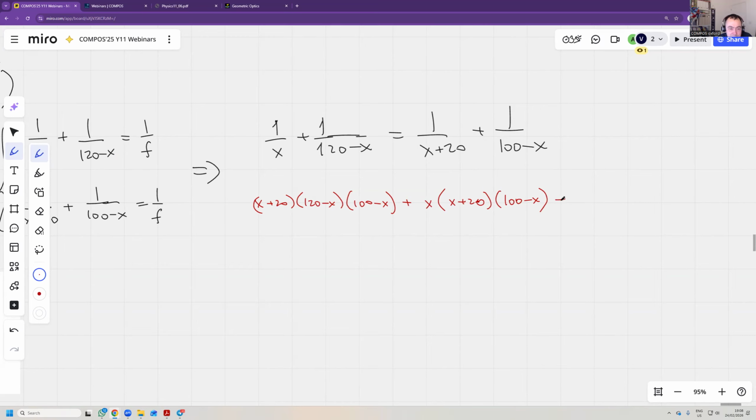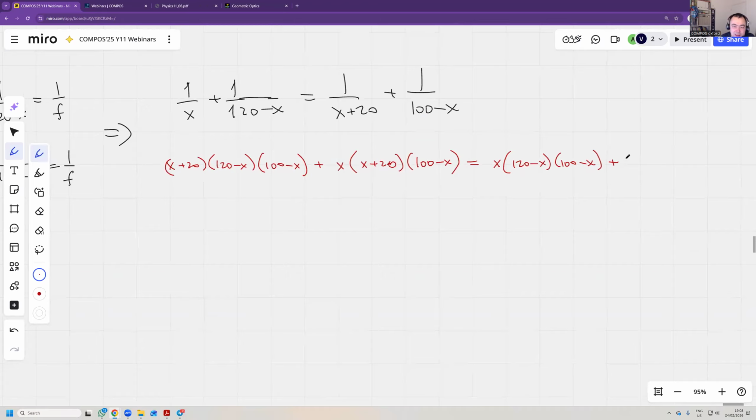And equals x times 120 minus x times 100 minus x, plus x times 120 minus x plus 20. So I'm just multiplying everything by all the denominators.